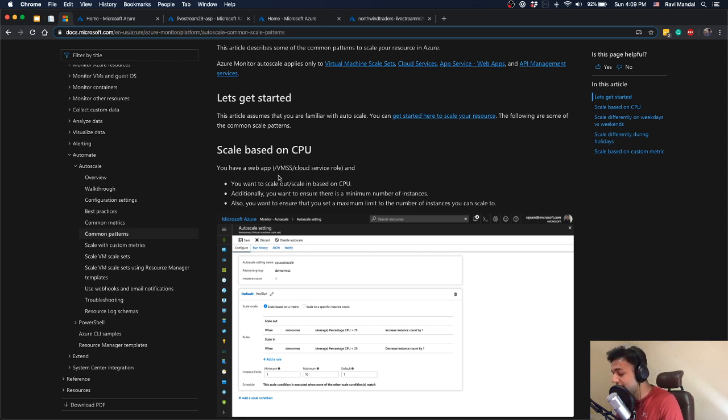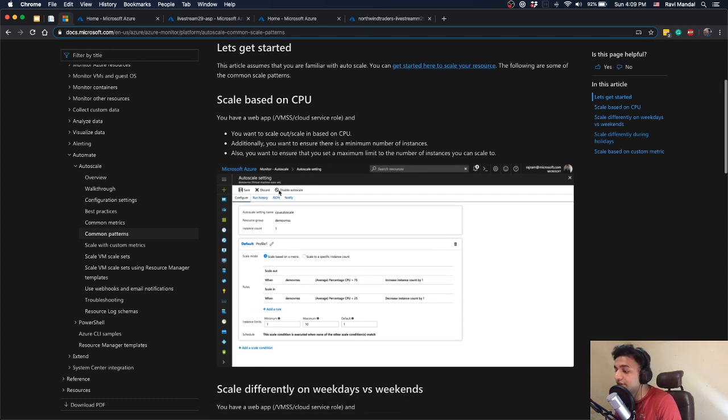Maybe you have set that if the CPU percentage goes more than 75%, it adds one more instance to the cluster. It will look at the metrics trend for, for example, 1 minute, and if it feels that this needs to be scaled, it will go ahead and scale the application.